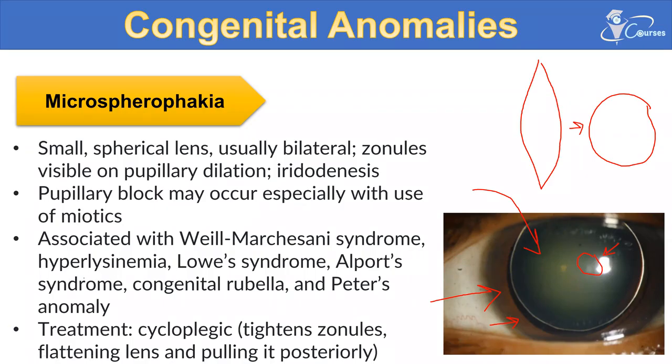Treatment for those patients is cycloplegics. These cycloplegics will cause tightening of the zonule, flattening the lens and pulling it posteriorly. A question appeared before that you can do gentle tapping over the cornea if the patient is cooperative and in the prone or supine position, trying to reposition the lens posteriorly.